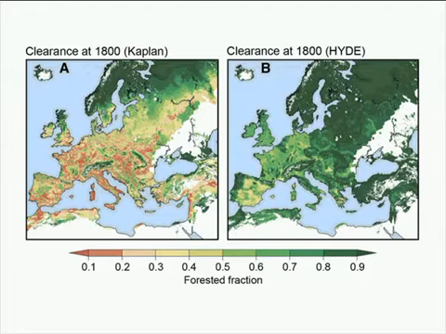So these maps pretty much require that early clearance was much more intense than the first of these early land simulations suggested.